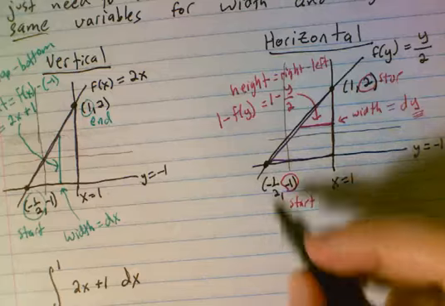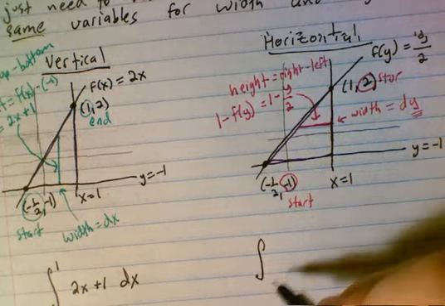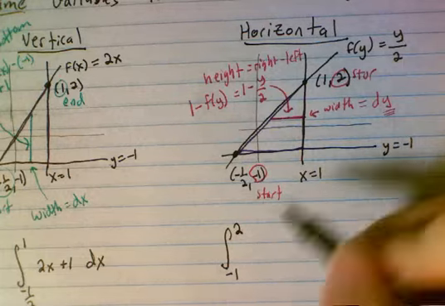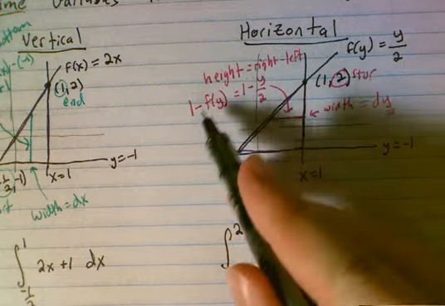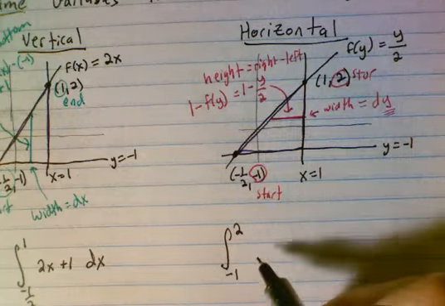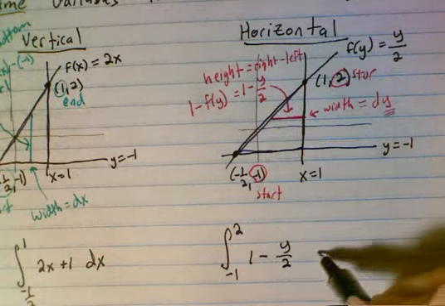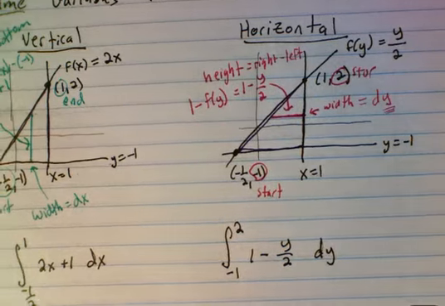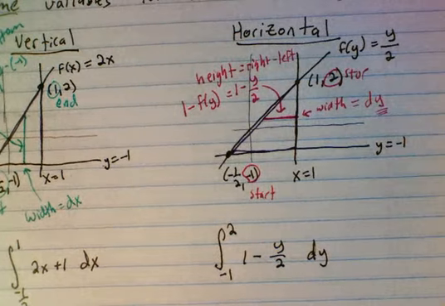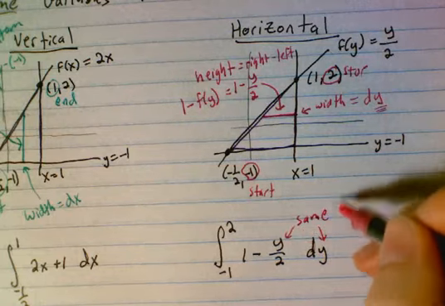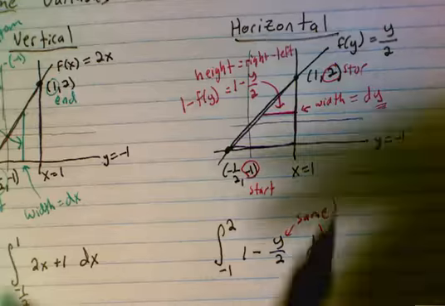So when we set up this integral, our start number is -1. Our stop number is 2. We said the height was 1 minus f of y, or 1 minus y over 2. And then our width was dy, like that. So notice that these variables are the same, as are these ones over here.